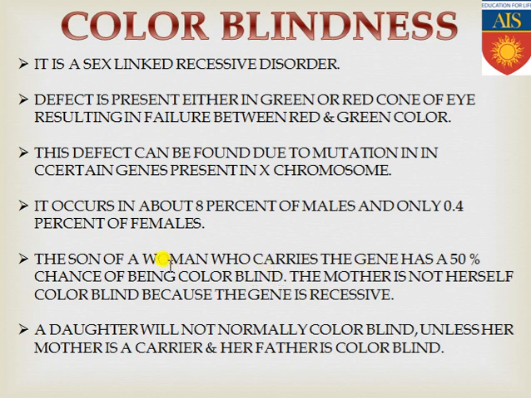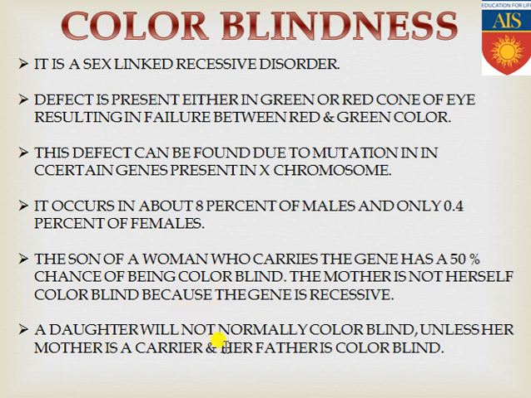So there is a 50% chance of getting colorblind. The mother is not herself colorblind because the gene is recessive. Obviously, in one X chromosome that colorblind gene is present, but in another X chromosome the dominant wild type gene is present. So obviously the dominant wild type gene will suppress the recessive colorblind gene. So for that reason, that mother will not be suffering from color blindness, that mother will be a carrier for the disease.